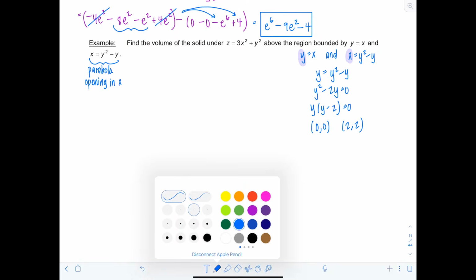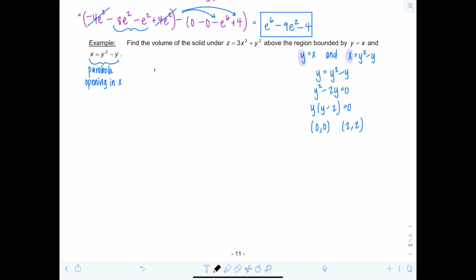All right, so let's draw this region. I mean, already, since I have x expressed in terms of y, I'm feeling like we're going to set it up with y last, right? With the limits for y on the outside. But let's just confirm. So they're going to intersect at 0, 0 and 2, 2. This is y equals x.